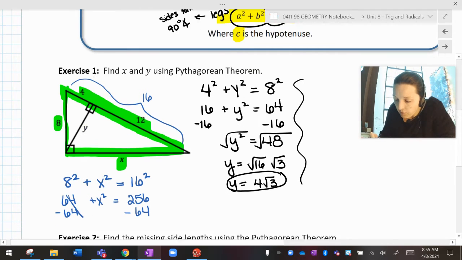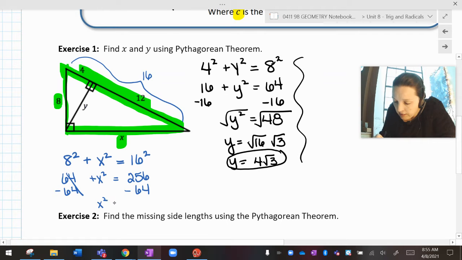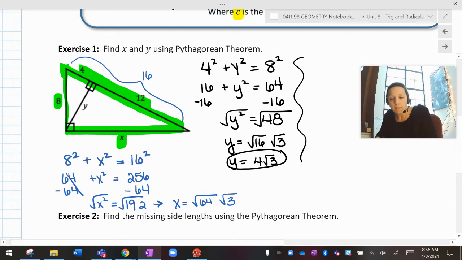Subtract 64, and I get x squared equals 192. And if I square root that, 192 is the square root of 64 times 3. So x is going to be 8 root 3. Okay.